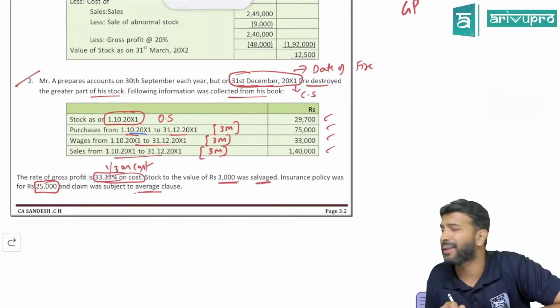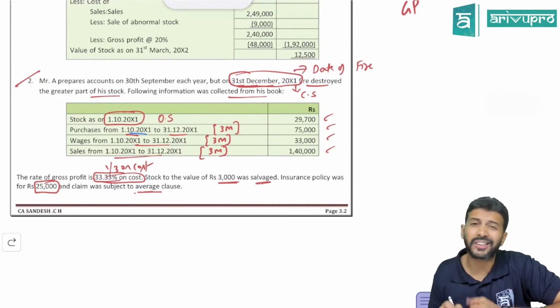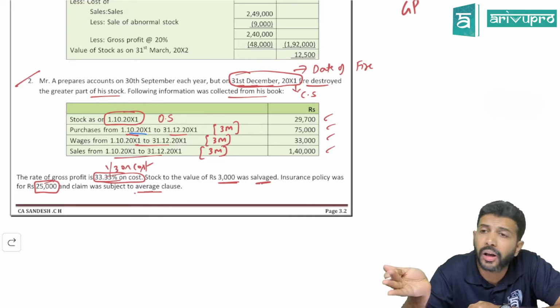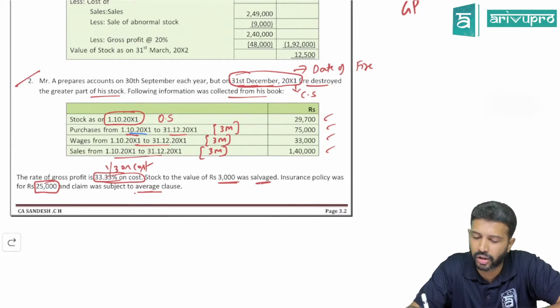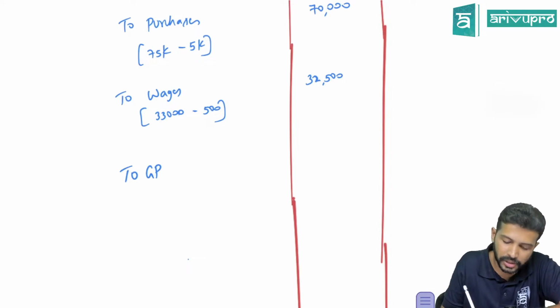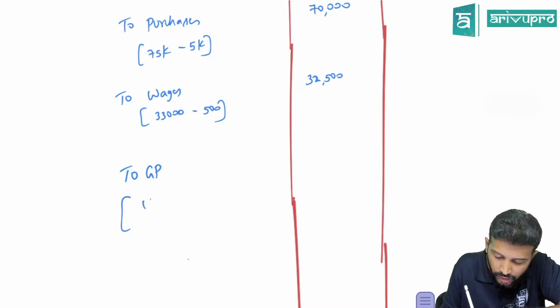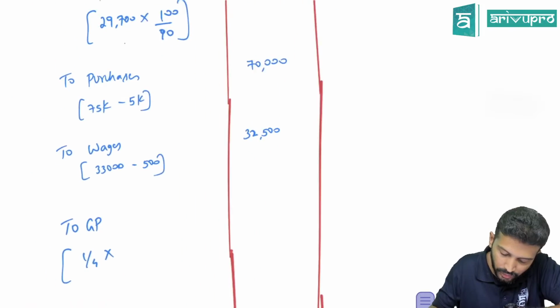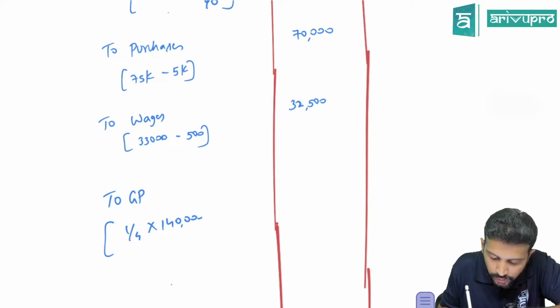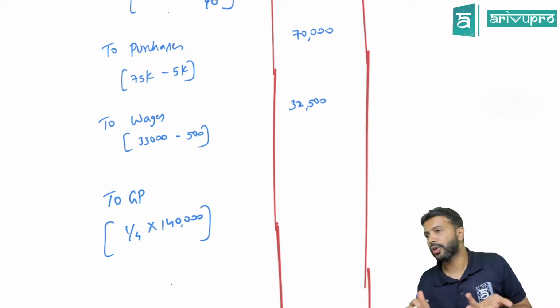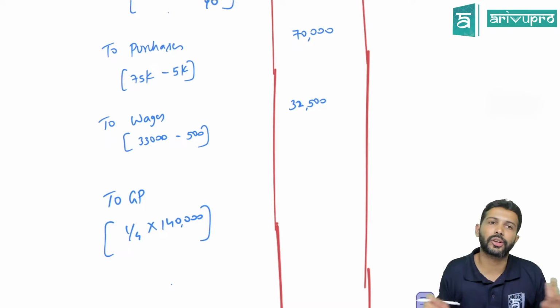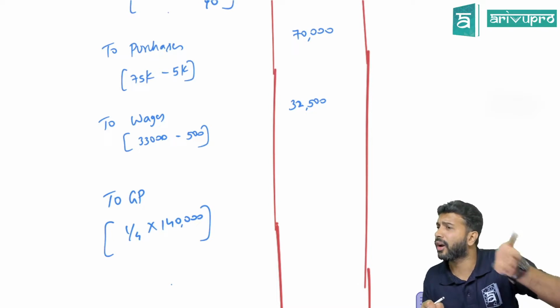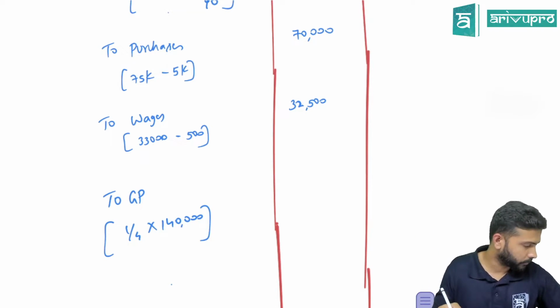GP is 33% on cost, that is nothing but 1/3 on cost. If GP is 1/3 on cost, then it will be 1/4 of sales. And what is your sale value? 1,40,000. If you don't want to use a fraction, use percentage. 33% on cost is nothing but 25% on sales. That is also okay.